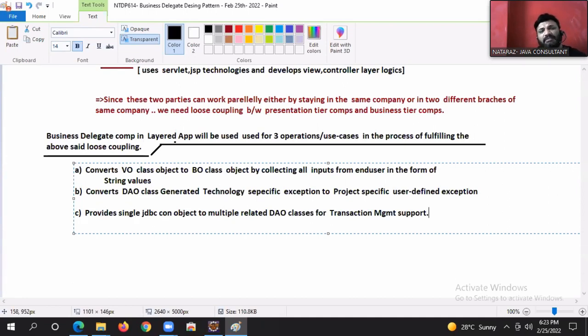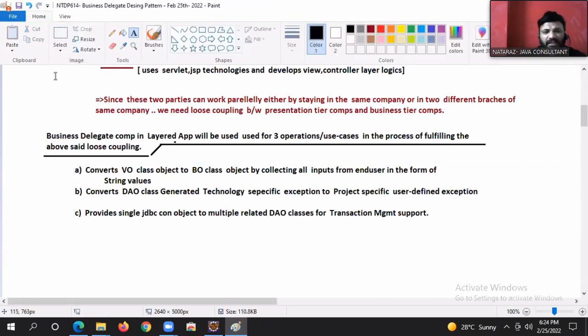Transaction management support. I hope you enjoyed this line also, boss. I hope you understood this line also. I want reply. Okay, I'll explain what is what. We'll take case by case, guys. Shall we understand this one, guys?